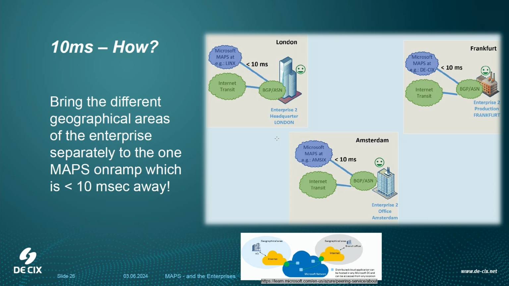If we transfer this picture into Scandinavia, a production site in Finland should ideally go to an IXP or Microsoft Maps on-ramp here in Finland, the facilities in Sweden should go to the IXP which offers a Maps service, and same for Norway or Denmark. So the enterprise should bring their network side by side to these nearby Maps on-ramps. That's the 10 milliseconds distance target.